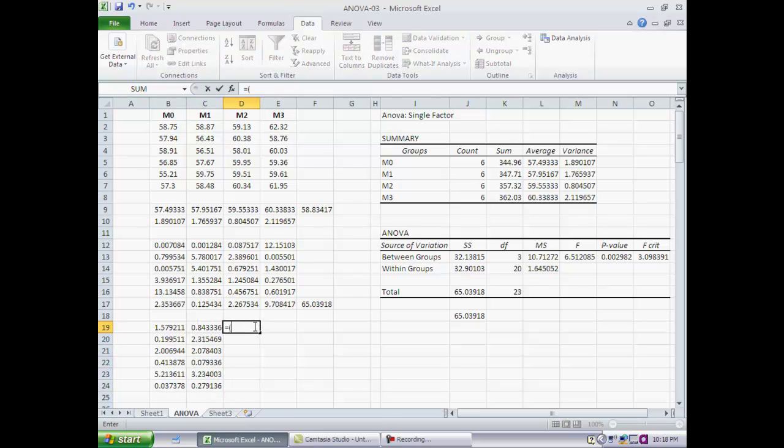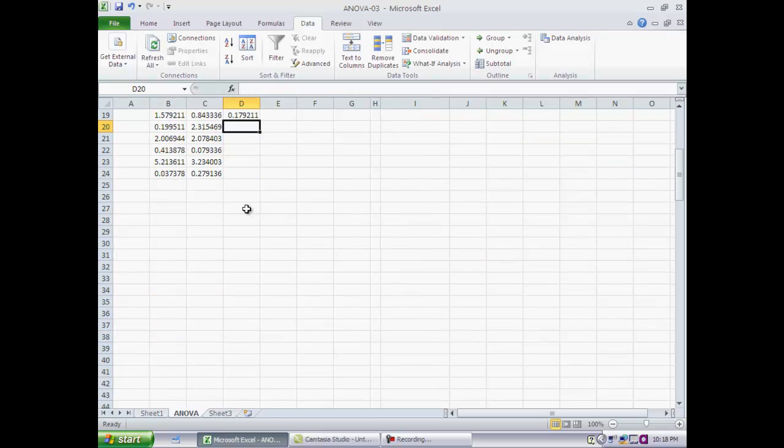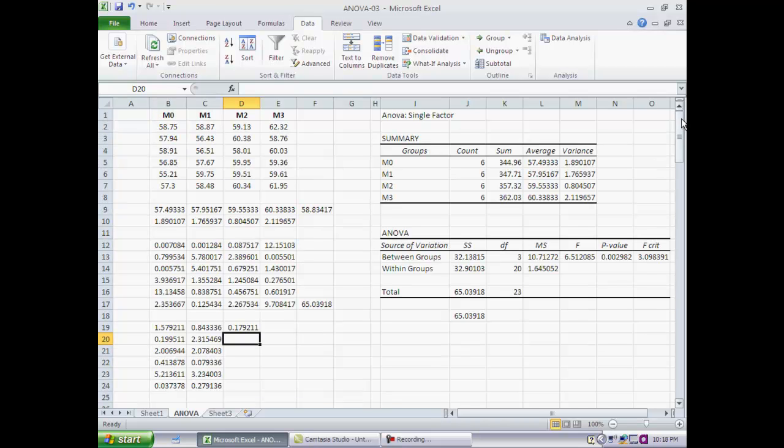I do the same for the third group. How far is this data point from the middle of the third group? Let's copy this down, and do the same for the fourth group. How far is the first data point from the middle of the fourth group?